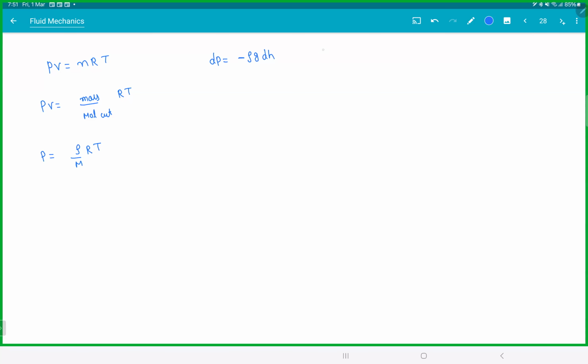Why minus? Normally h is the depth from the top. Here we're taking height from the bottom. Since we are going from lower to upper, dH is negative. Normally in the formula, dH is the depth.